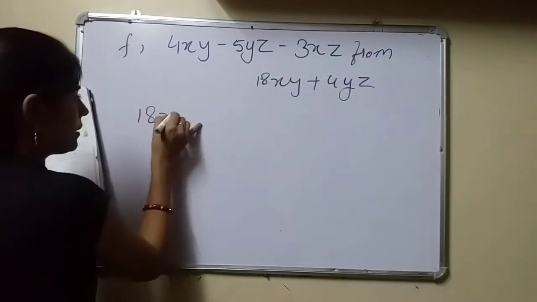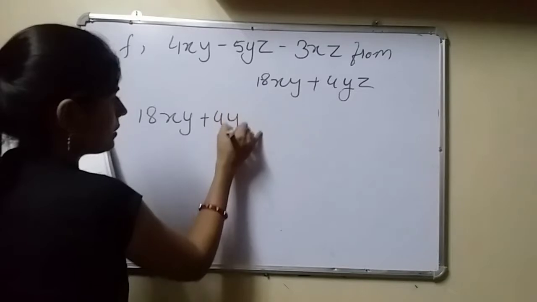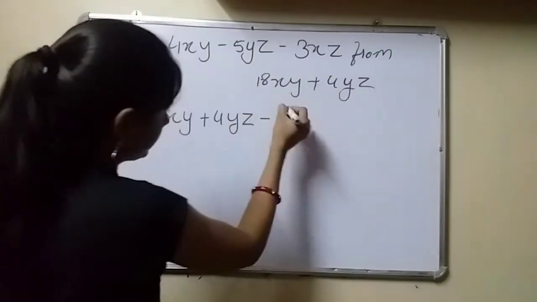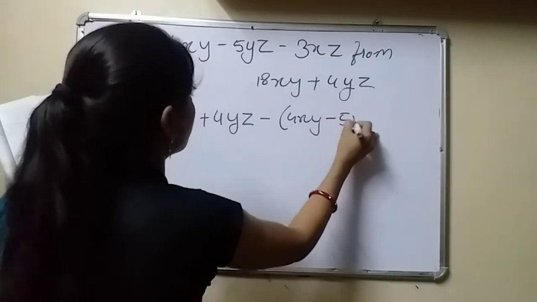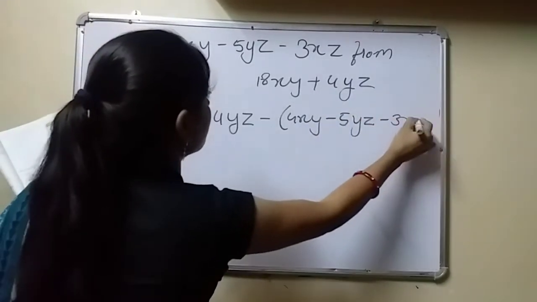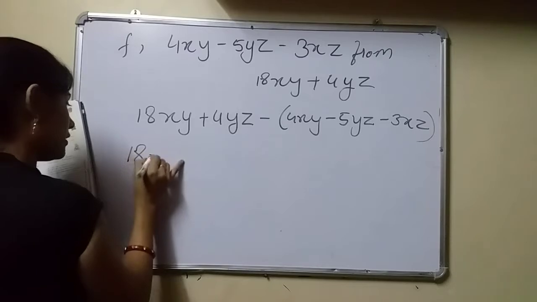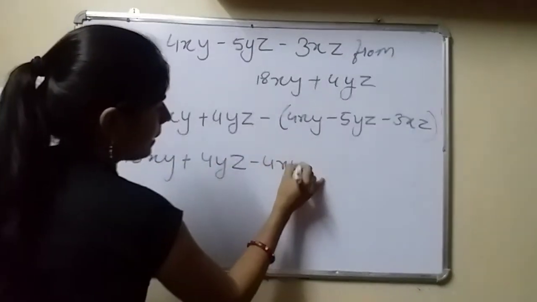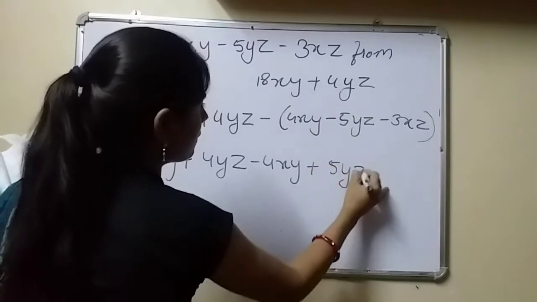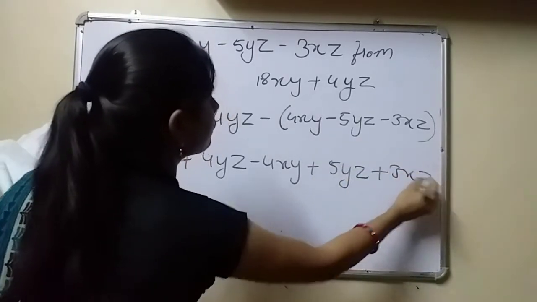So 18xy plus 4yz minus (4xy minus 5yz minus 3xz). So 18xy plus 4yz minus 4xy plus 5yz plus 3xz.